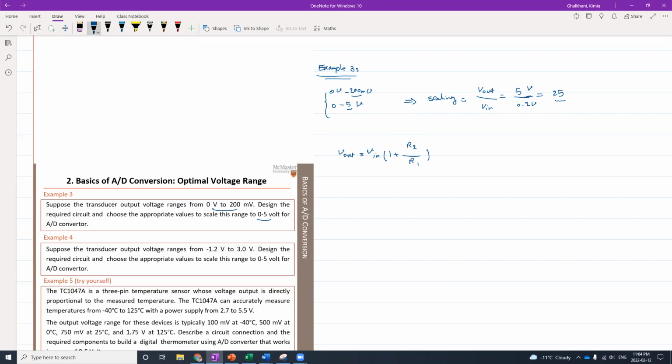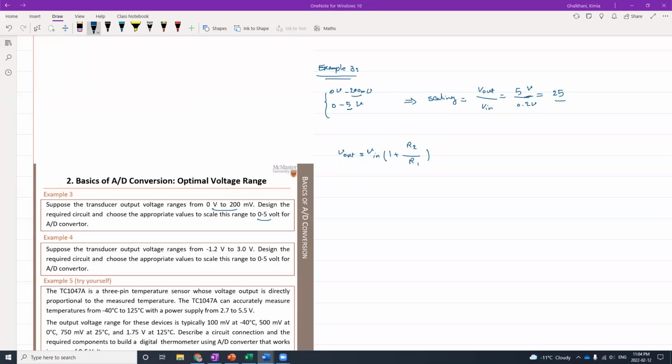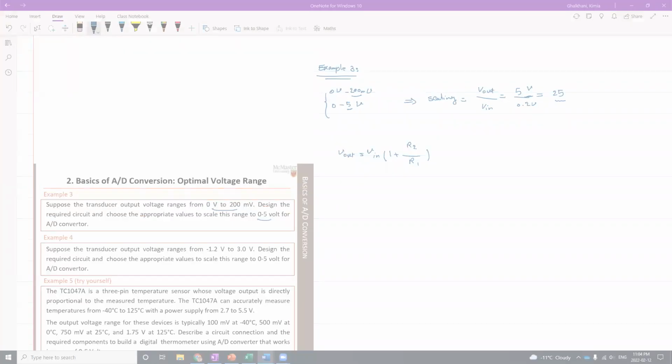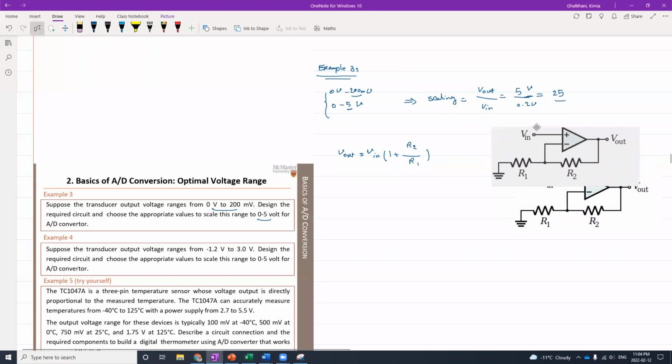Let me first bring you a picture, which makes it much easier to understand. This is exactly what I drew in the previous slide.